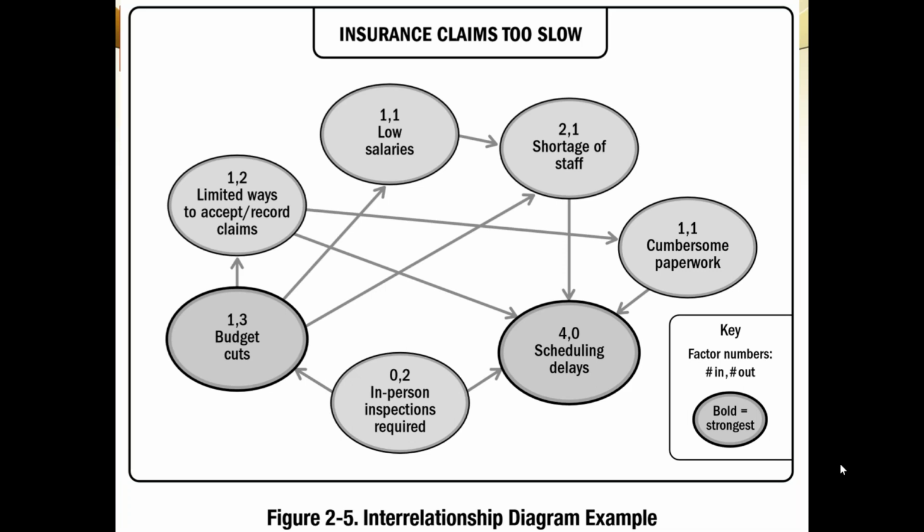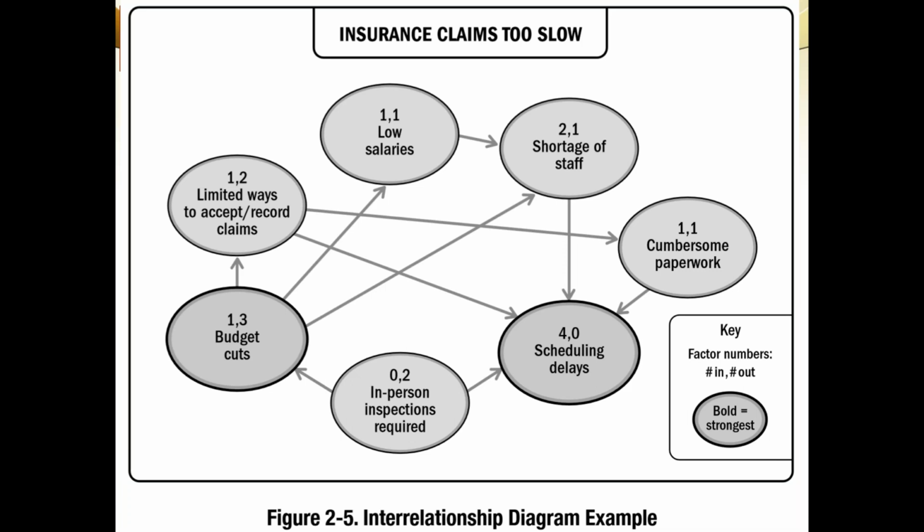So once we have this, let us see where the maximum number of arrows are originating. Budget cuts has 3 arrows going out of it. Limited ways to accept record has 2 arrows going out of it. And I think that is what it is. So the biggest cause is budget cuts, right?